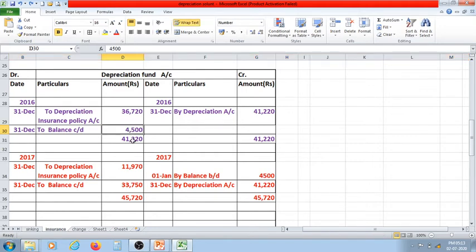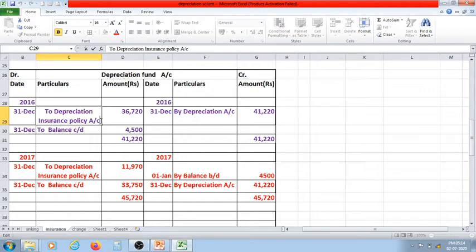If you see the problem, they have given the surrender value at the end of the first year. At the end of the first year, it is 4,500. So whatever is the balance, whatever is the depreciation amount, the difference between them and the balance carried down is recorded as the amount, and this will be transferred to the depreciation insurance policy account.